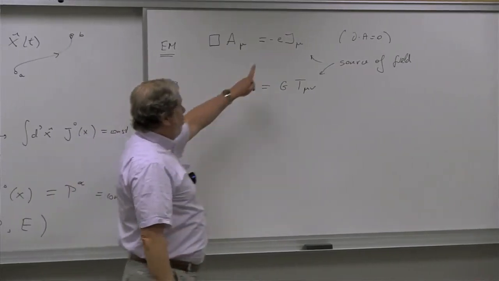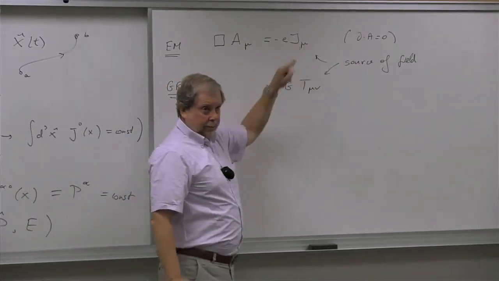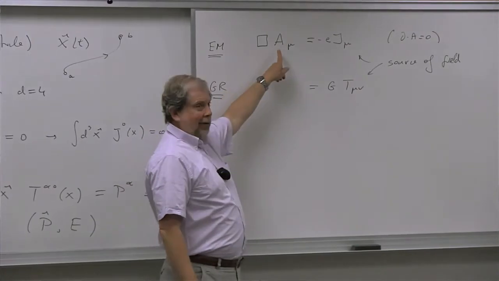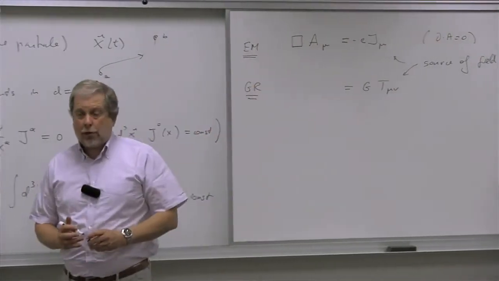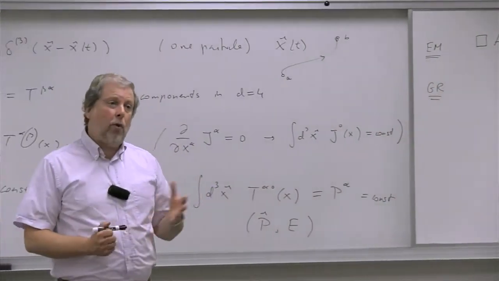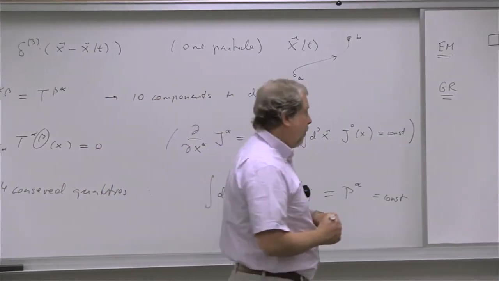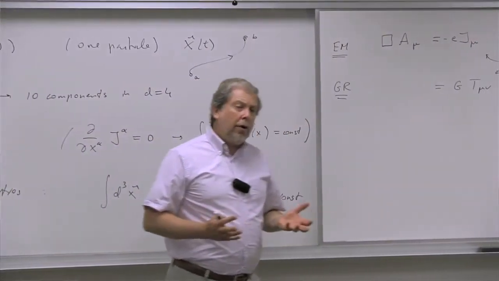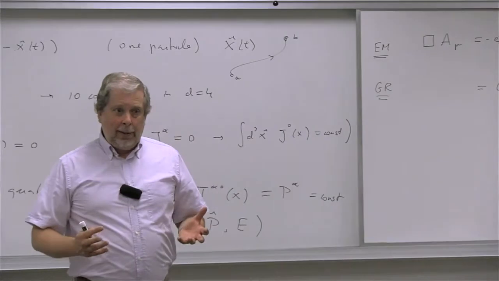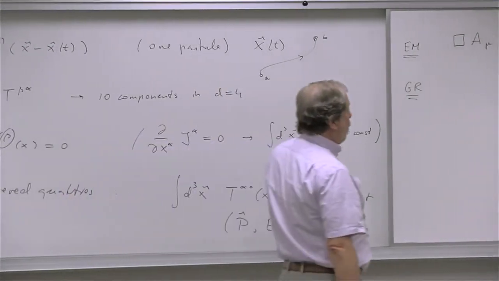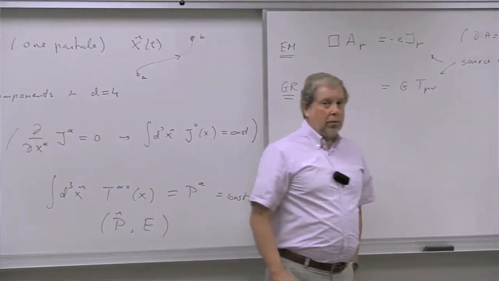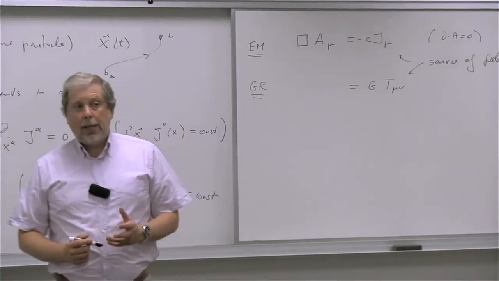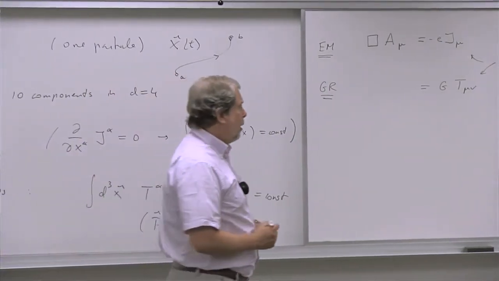And so in electromagnetism, you have only one index, which means that the electromagnetic field is described by an object that should also have only 4 indices, so it's a 4-vector. That is not going to work for gravity. It cannot work because the source for gravity, as we discussed, is an object that has more indices. It has 10 components.